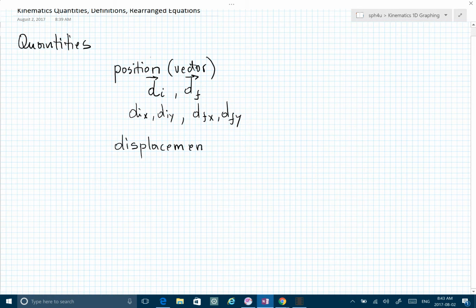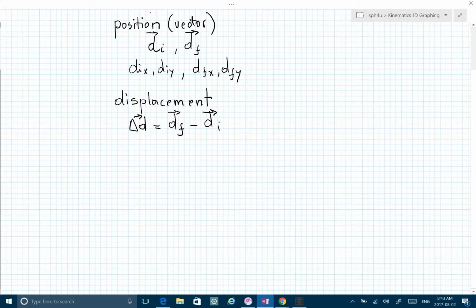All right, and displacement is defined as the change in position. So final quantity minus initial quantity. So here's an example of subtracting vectors, by the way.